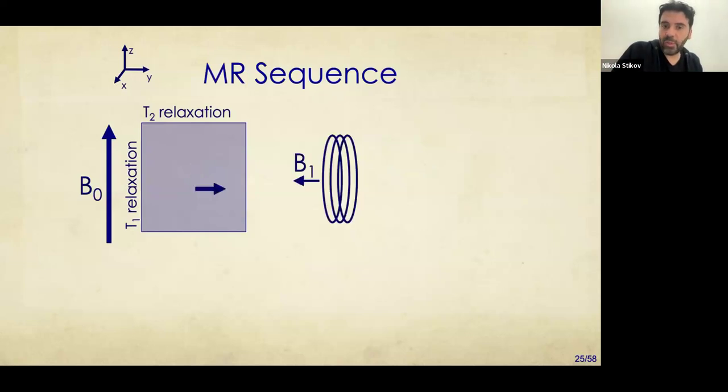So basically what I'm doing is I'm turning on a pulse, exciting the magnetization, putting it into the transverse plane, and then turning it off so that you have two mechanisms, a mechanism called T2 relaxation that makes the magnetization disappear in the transverse plane. This is called the transverse plane. And then you have T1 relaxation, which makes the magnetization recover in the longitudinal direction.